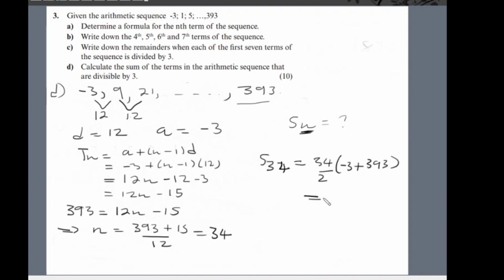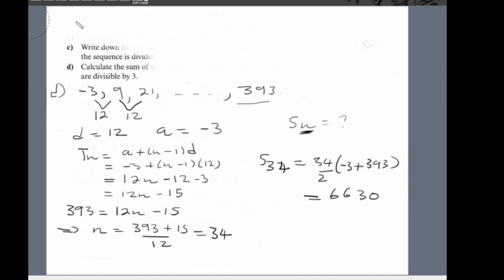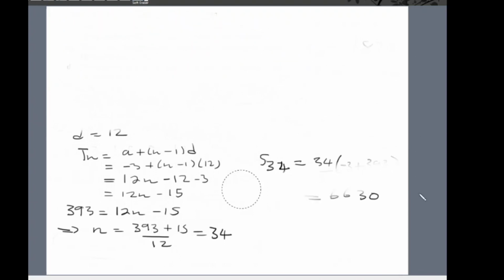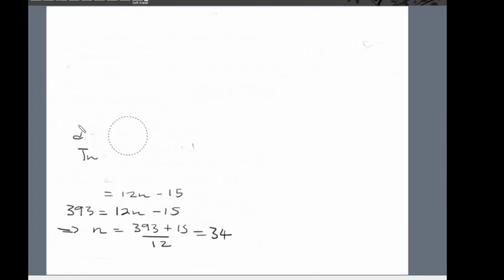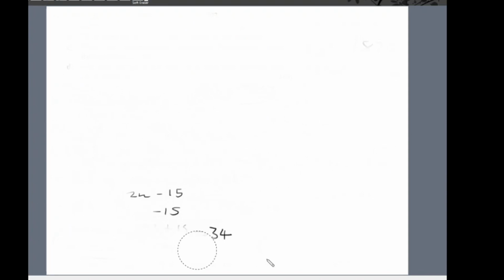The sum of those terms that are divisible by 3 is 6,630. Okay, then you are done with this question. I hope it makes sense. Okay, now we move to question 4.